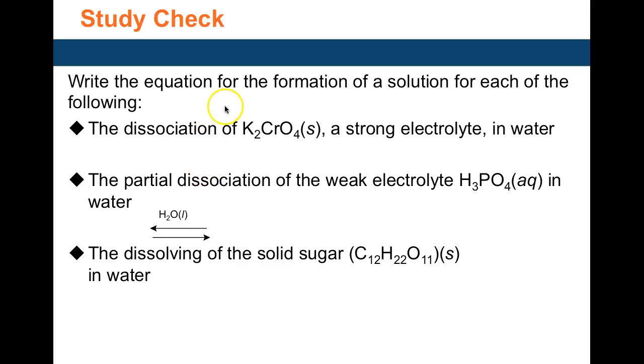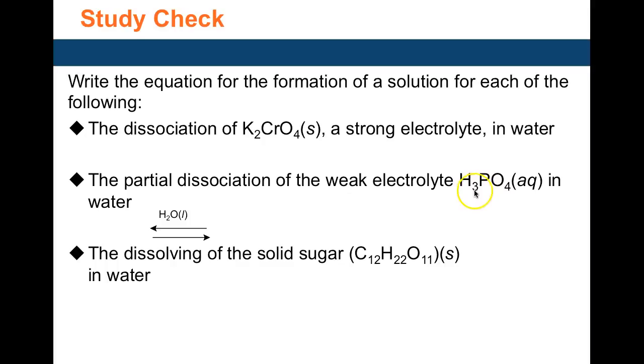The dissociation, write the equation for the formation of a solution from each of the following. The dissociation of potassium chromate. All right. So here you have two potassiums and one of the CrO4, the chromate ion. All right. So that would be 2K+ (aq) and CrO4 2- (aq).